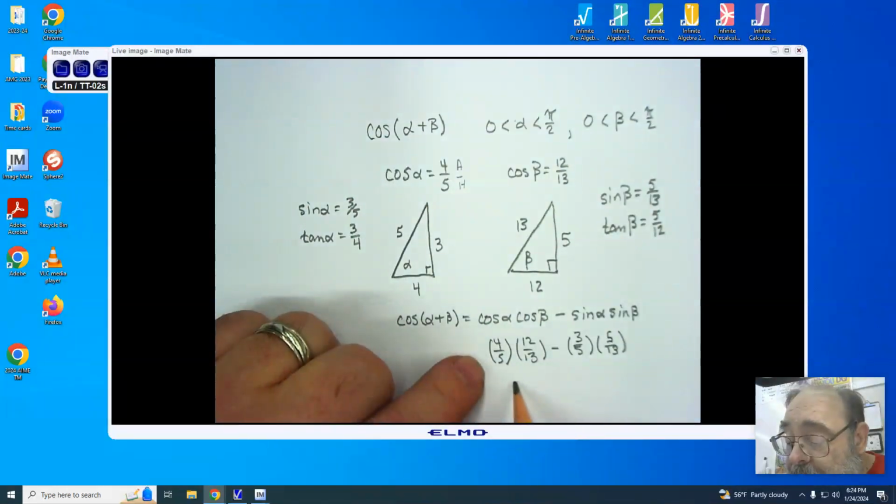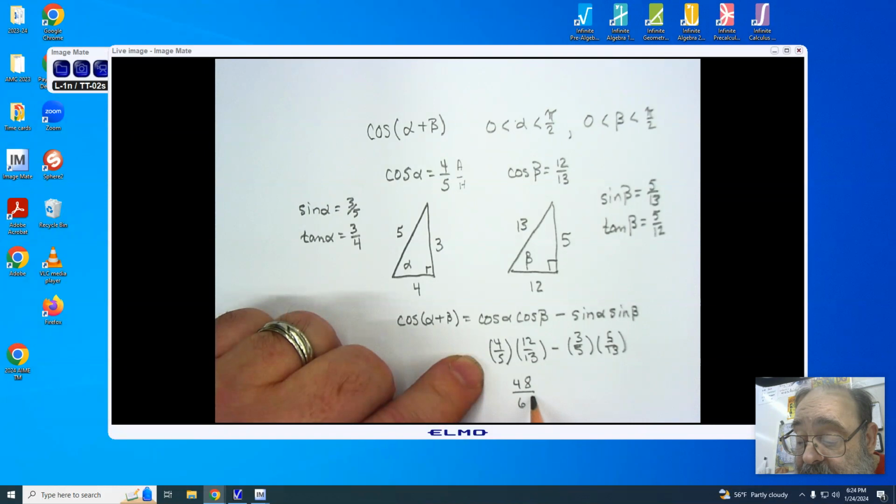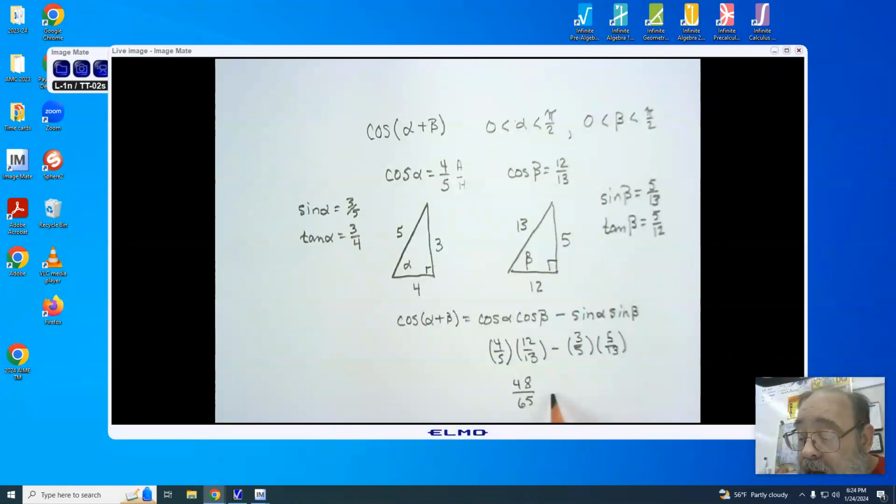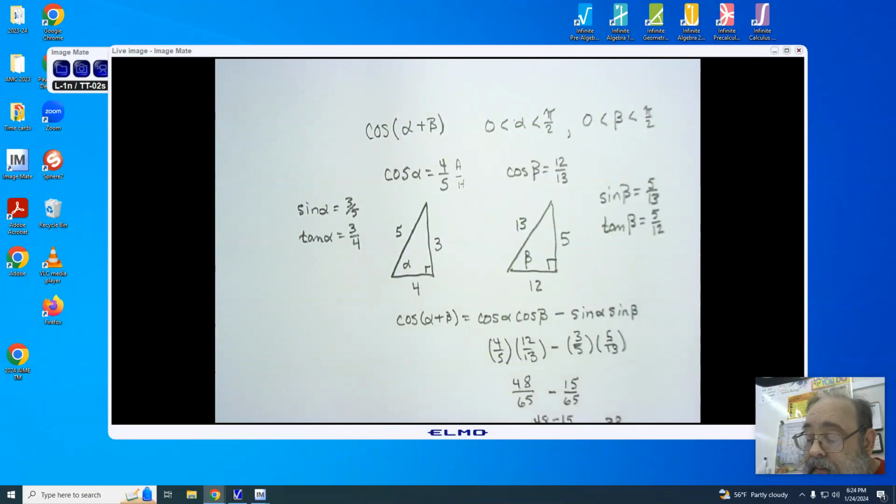Now notice I end up getting 48/65ths, and I'm looking at minus 15/65ths. When I take the 65ths, all I have to do is subtract them, and I have 48 minus 15, and I end up getting 33/65ths.